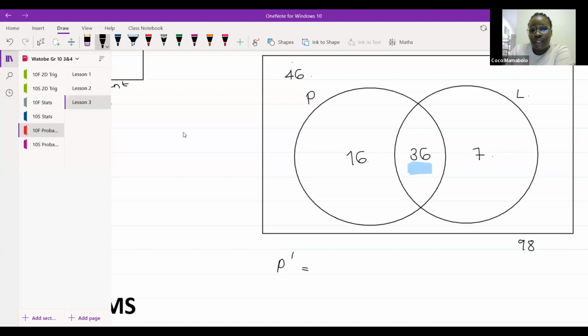It would be 7 and 46. Remember, there are students who don't take either physics or life science. So it needs to be 7 plus 46. Yeah, it's clicking now. So 46 plus 7 gives us 53. So the kids who do not take physics are 53.